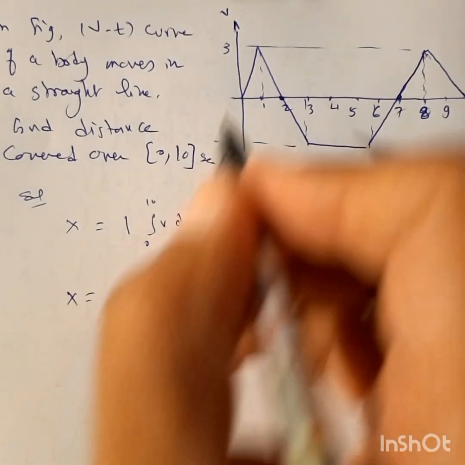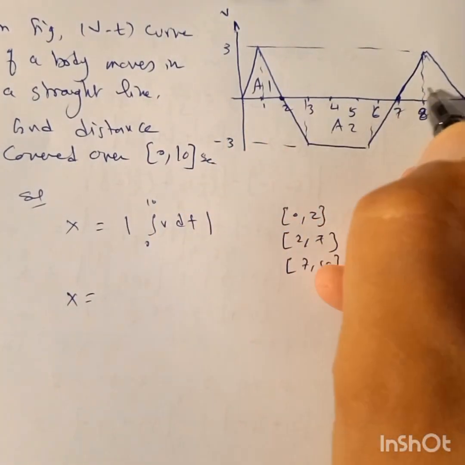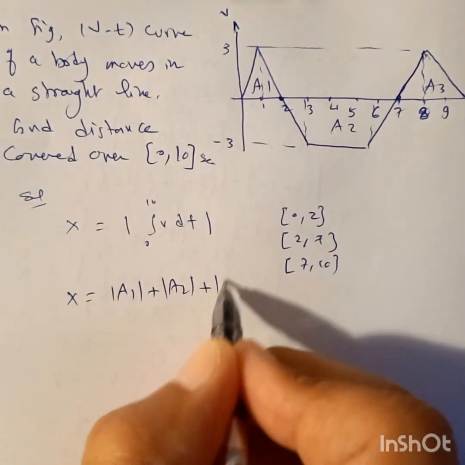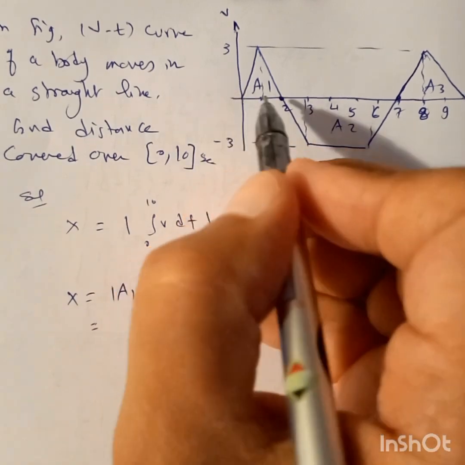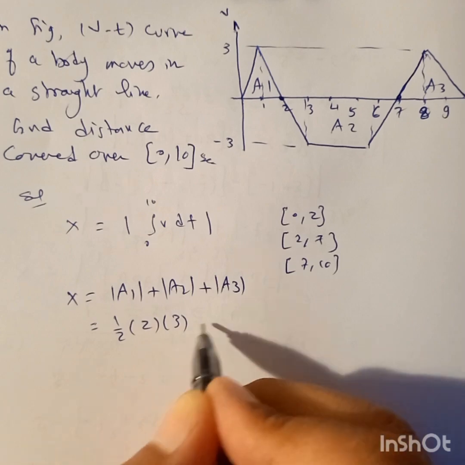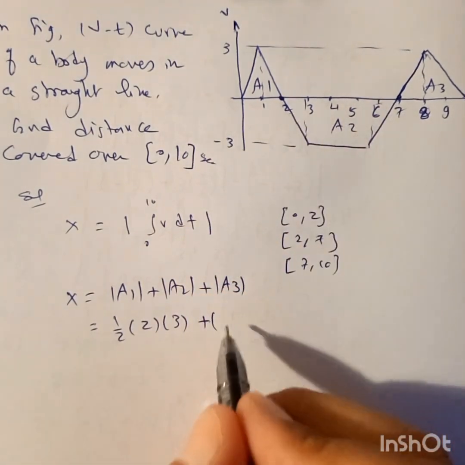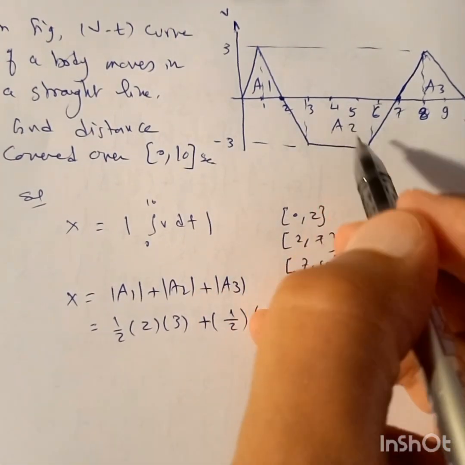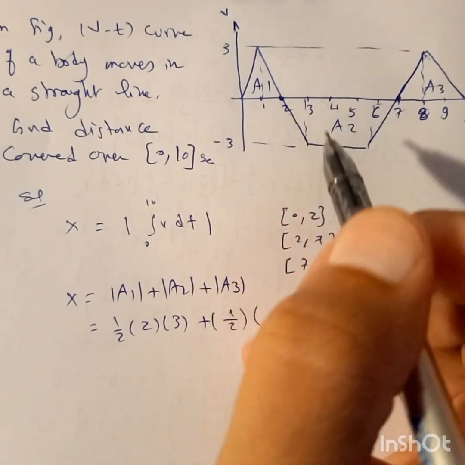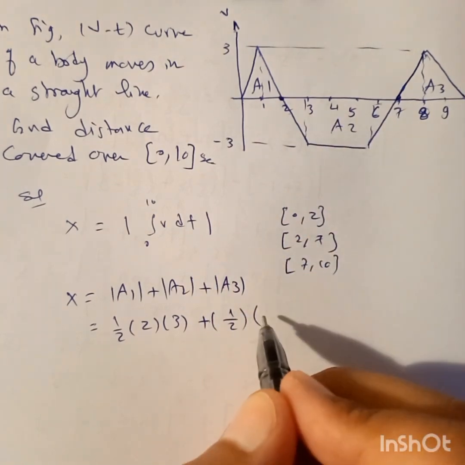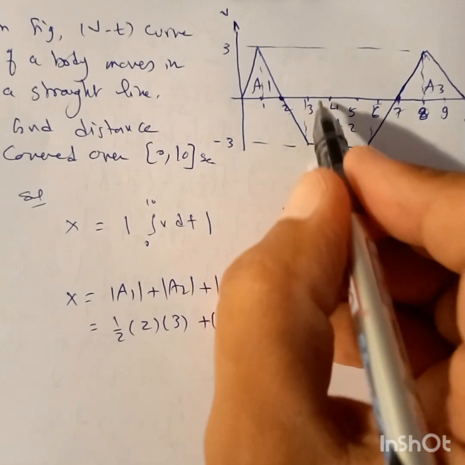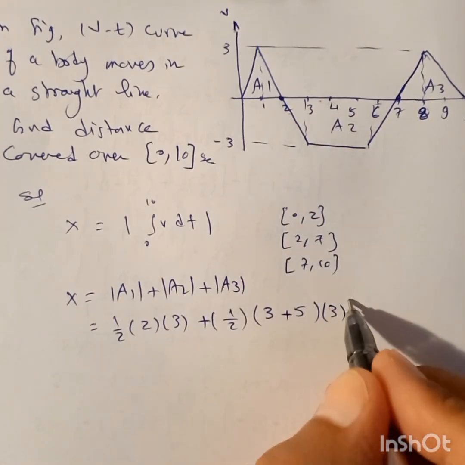Then x equals area 1, area 2, area 3, then we have modulus of area 1 plus modulus of area 2 plus area 3. Then we have the area of this triangle, base is 2, height is 3, plus the area of this trapezium, half base 1 plus base 2 multiplied by the height. Then we have base 1 is 3, plus from 2 to 7 we have 5, height is 3, and all this is positive.